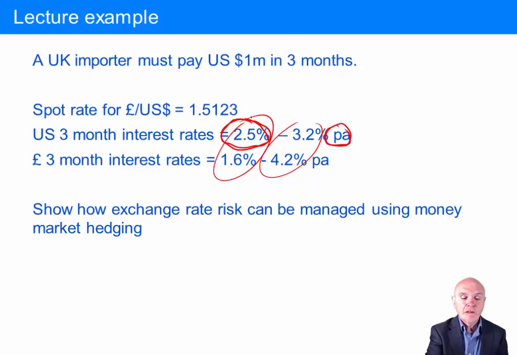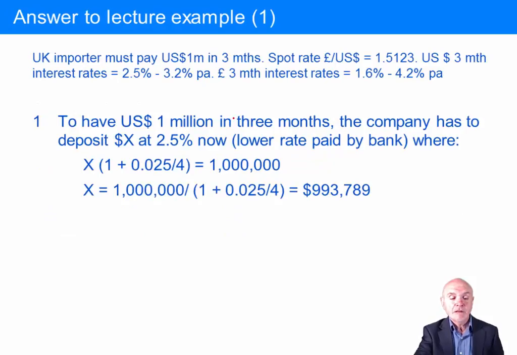So we're going to earn 2.5%, but only over 3 months. So that has to become $1 million. So here we have it, 1 million, or whatever the amount of money is here rather, invested at the 2.5% divided by 4, because it's only 3 months, is to become $1 million.